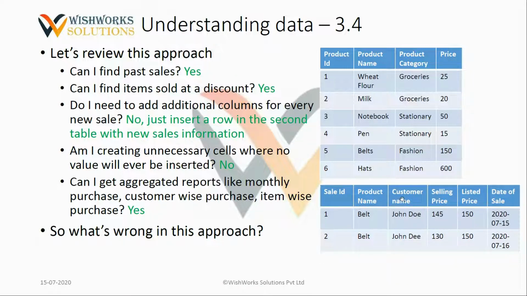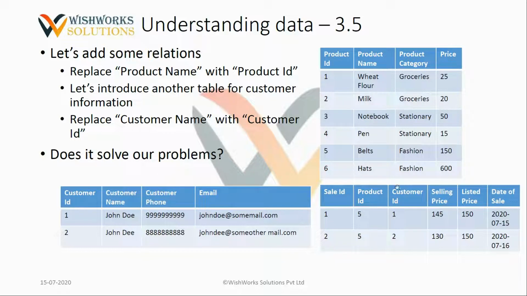Similarly, for customer name, I'll put another table and then replace it with customer ID. So in this table, I'll write customer ID 1, 2, and then I'll fill in their contact details if needed. And here, if you see, even though there were two John Does, they have customer ID 1 and 3. So the first customer has customer ID 1, the second customer has customer ID 3.